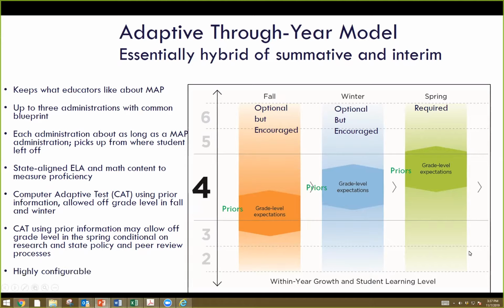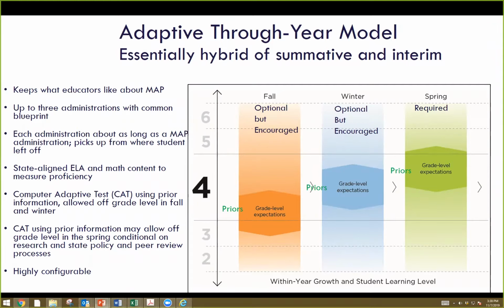Also, it is highly configurable, and the reason I mention that is because there are lots of decisions left to be made. We're going to continue to bring in educators to help inform us as we go along. I didn't mention this at the beginning of the presentation, but all along this road we've given many presentations and gotten a lot of feedback before we went public with this information, from educators from districts, ESUs, and NDE.